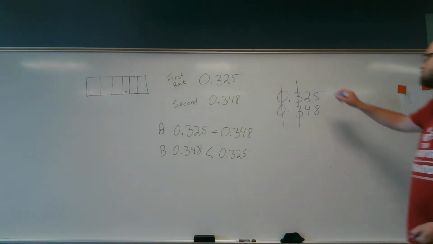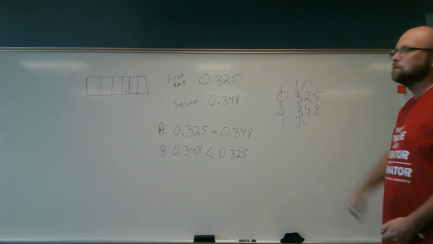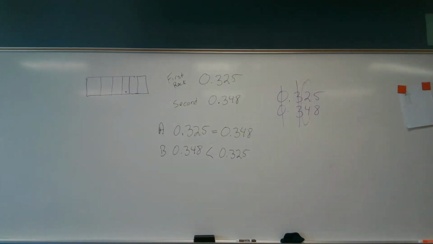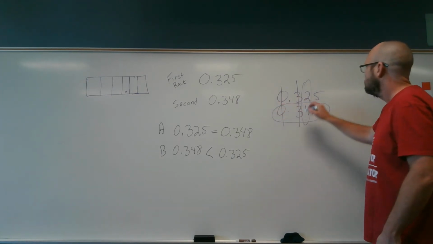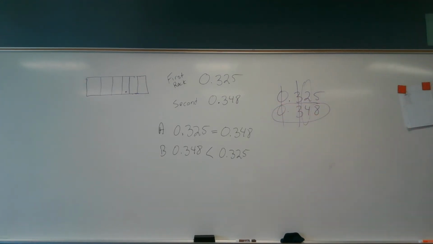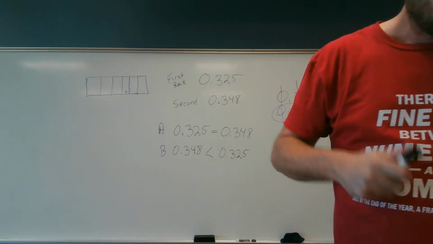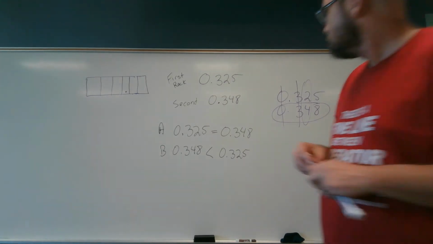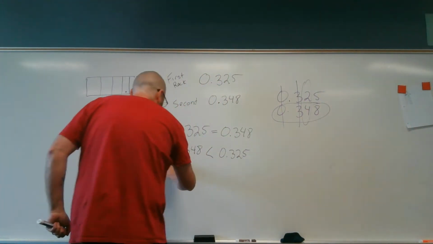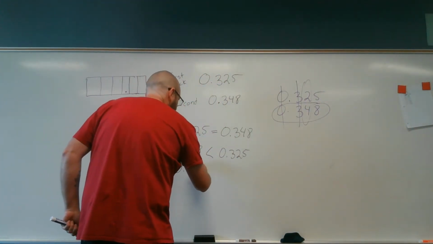Yes. This is our first difference. Which one's bigger, 4 or 2, Daniel? 4. So my largest one is 0 and 348 thousandths. So if we look at C, C is written just the opposite of this.